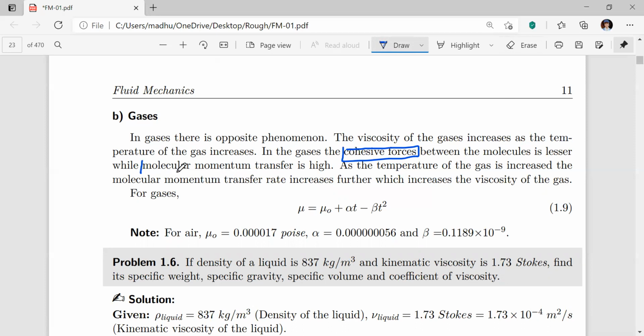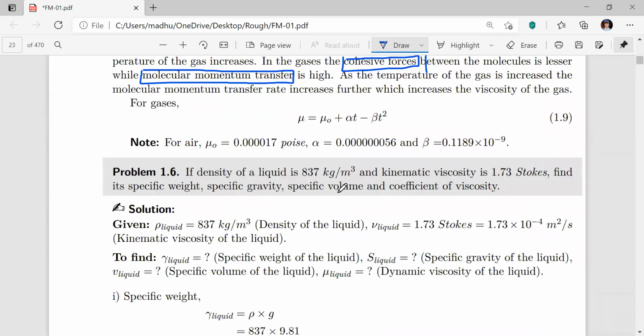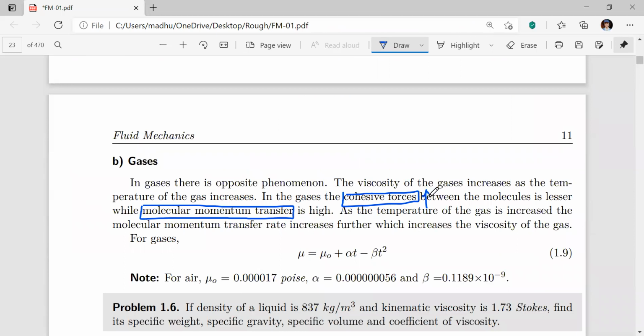In the previous case, cohesive forces are reduced and molecular momentum transfer increases. Now in gases, after temperature increases, the cohesive forces between the molecules increase and molecular momentum transfer decreases.